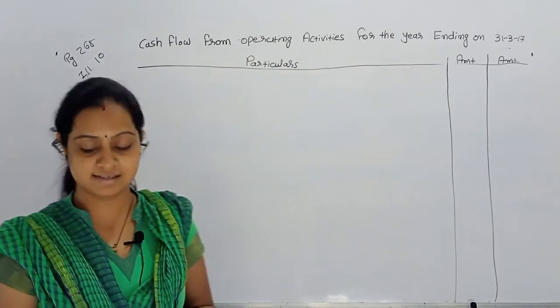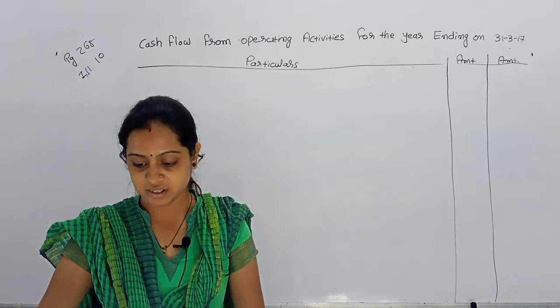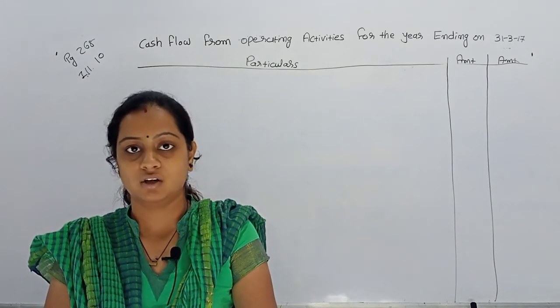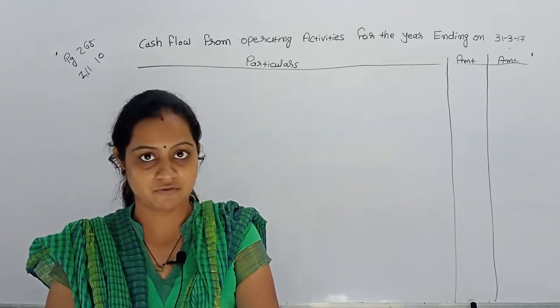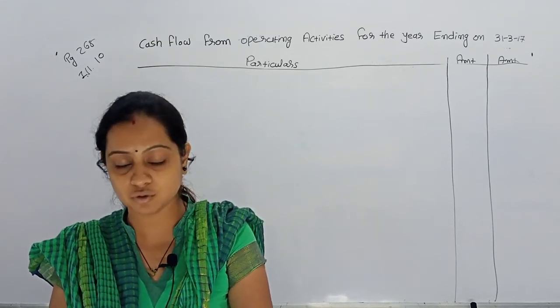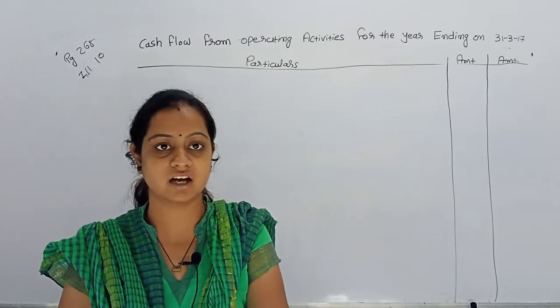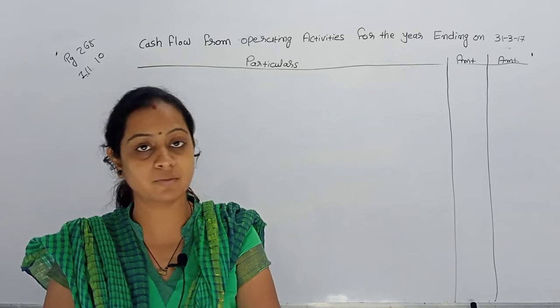Okay, let's start. First, they have given revenue from sales, that is already added in net profit. So first of all, we have to write profit before tax, and the amount is 4,69,000. That is at the end of the P&L.